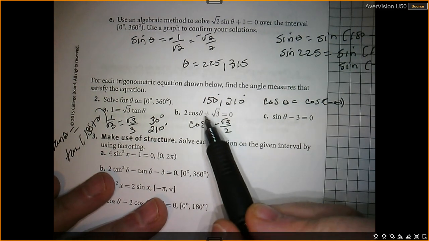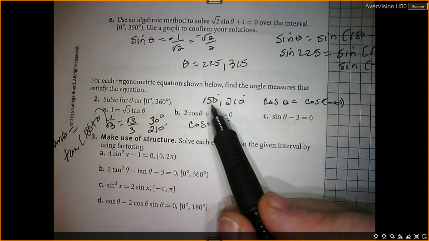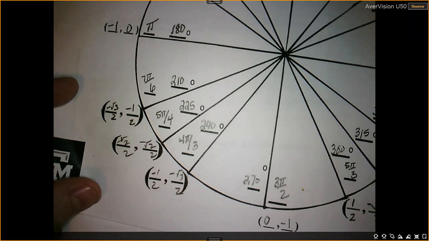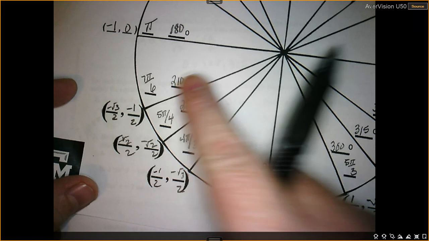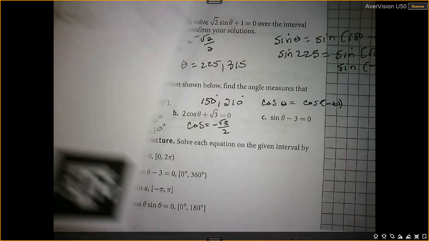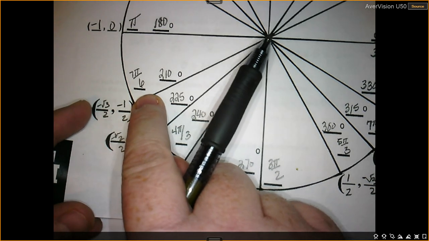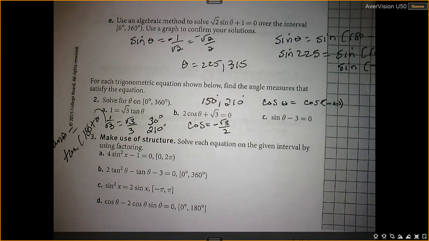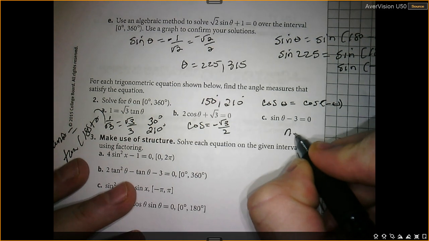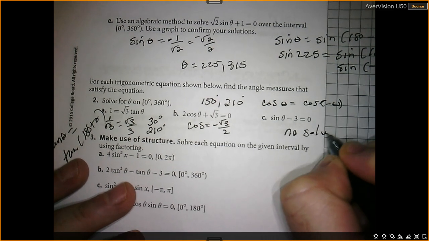So if cosine theta is 150, if I go negative 150, I'll end up at 210. Negative 150 would be here, which if you go counterclockwise is 210 degrees. So it works.